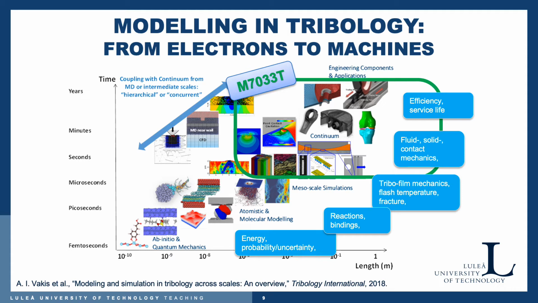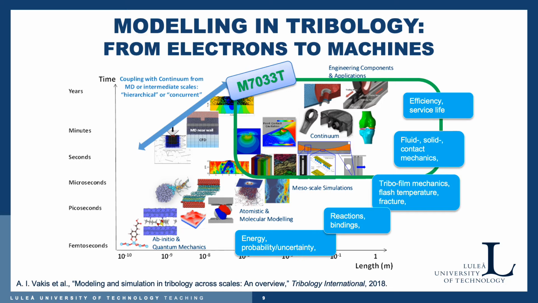For example, molecular dynamics is quite frequently applied nowadays to study formations of tribofilms and such. And then the mechanics of the tribofilms and how they are formed can also be on a higher scale, in which we consider the flash temperature and fracture and such effects on how the tribofilm builds up.